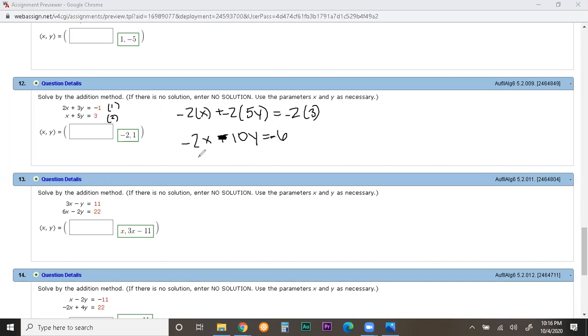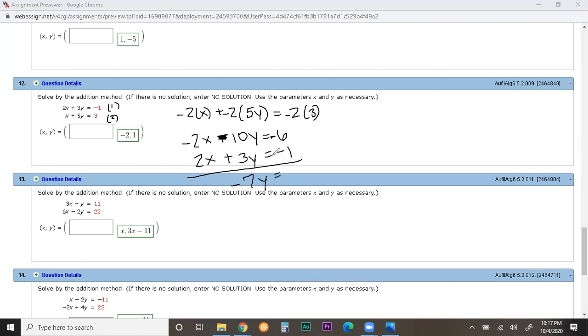Now we can add the equations. So we got 2x plus 3y equals negative 1, okay? So negative 2x and positive 2x is 0, which is exactly what we wanted. Negative 10y plus 3y is negative 7y.